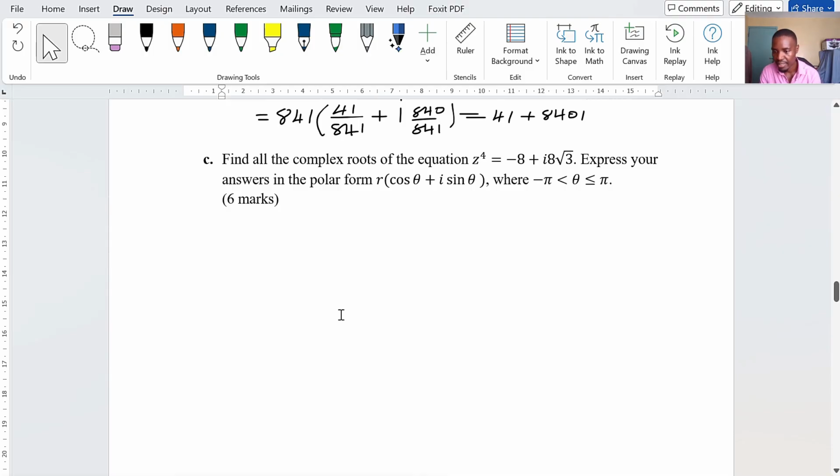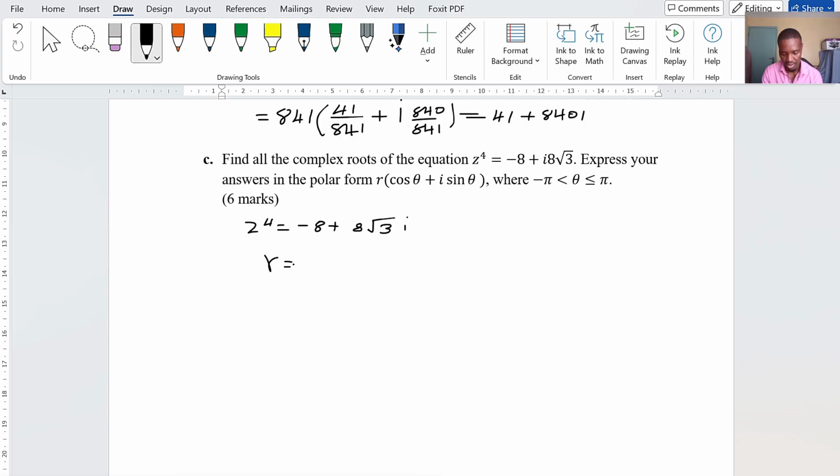So the first thing we're going to get is r, and then theta. So we have z power 4 is given by negative 8 plus i8 root 3. I can write this i to maintain this, but there's no problem in writing it in front or behind. So let's get r.